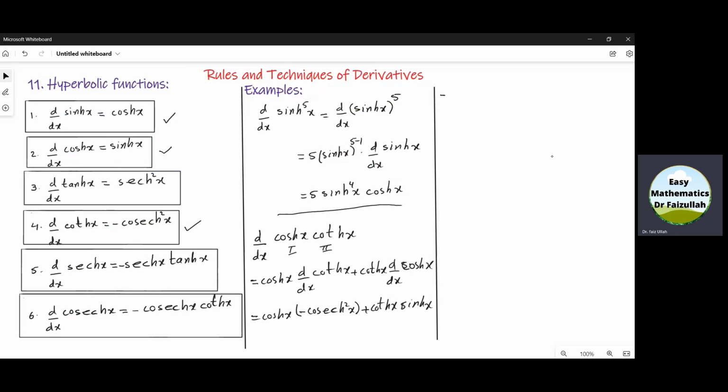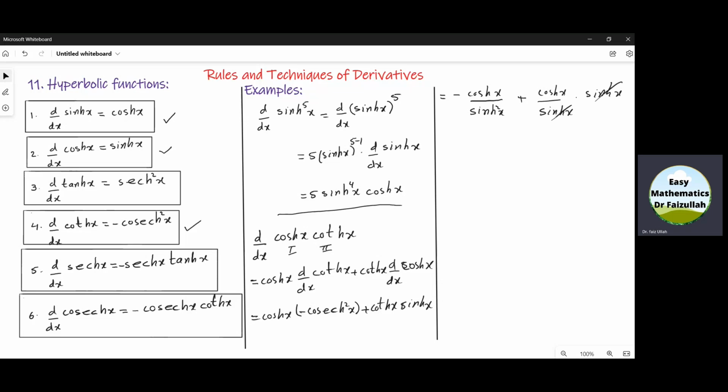Let us simplify it a little more. So we write minus cos hyperbolic x divided by cosecant is equal to 1 over sine. So we write 1 over sine hyperbolic square x plus cotangent is equal to cos hyperbolic x divided by sine hyperbolic x into sine hyperbolic x.